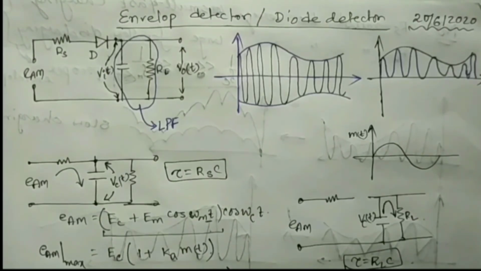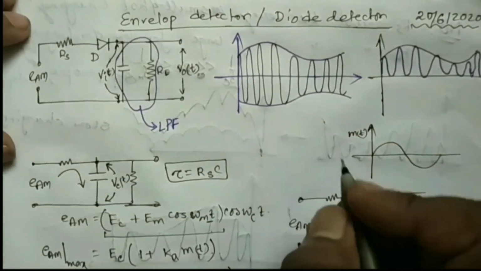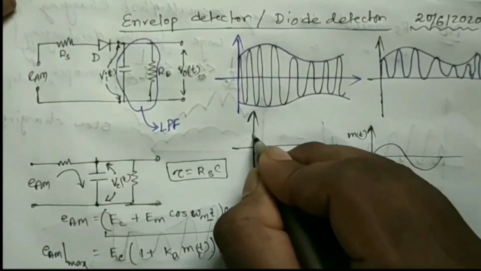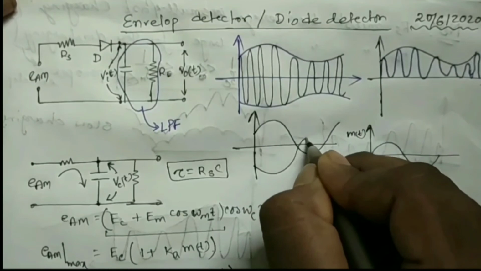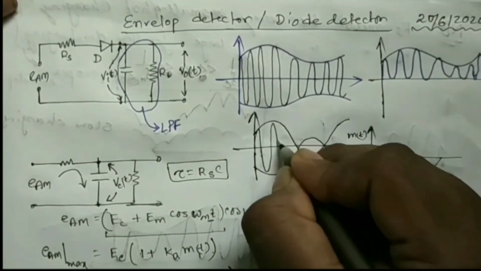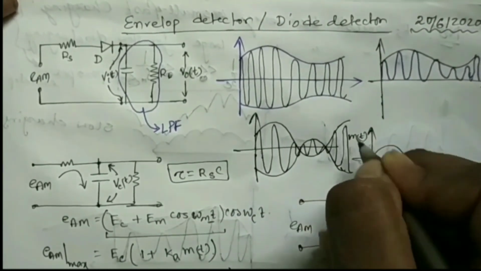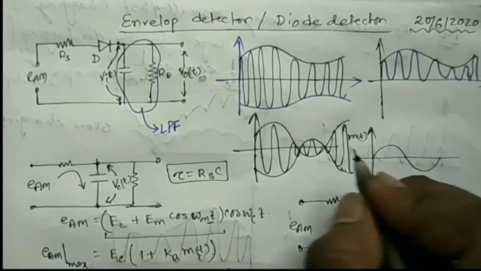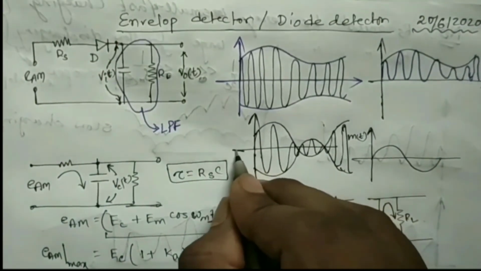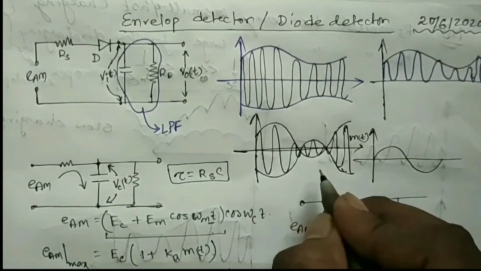This detection process is not as sensitive as other processes, and it cannot be used for m value greater than or equal to 1, because suppose when m is greater than 1, then the AM signal looks like this, and when the diode is used, the negative or the positive portion gets cancelled.